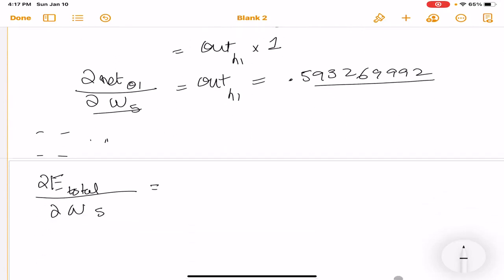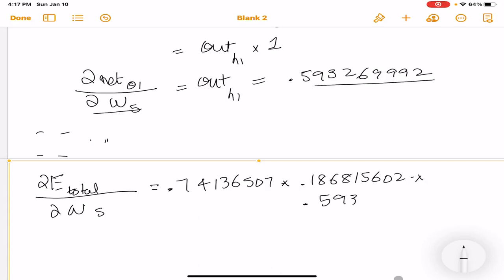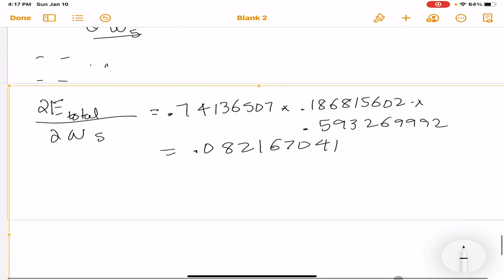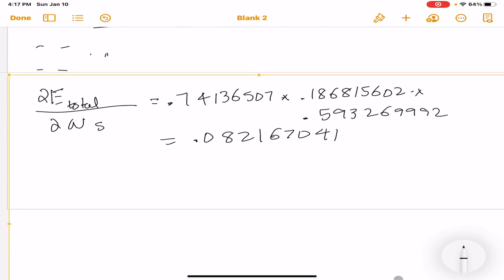So we multiply those three values, that is 0.74136507 into 0.186815602 into 0.593269992, and that is equal to 0.82167041.